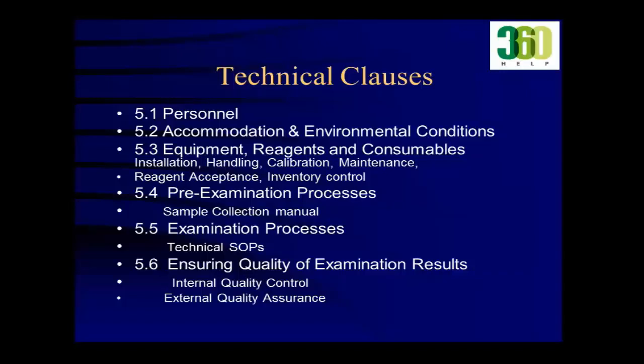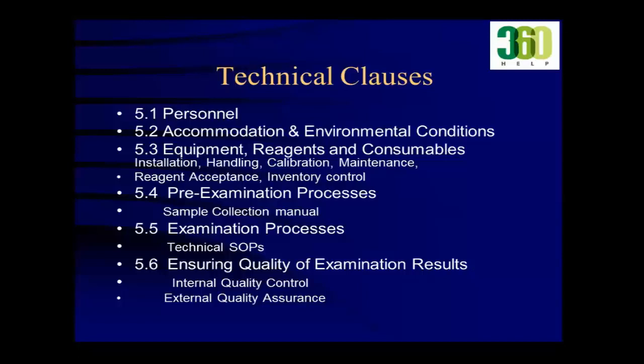The doctor who is reporting should have a particular qualification, right? So how they have to be appointed, how they have to be given a specific role, how their competence has to be checked time to time, how their competence has to be upgraded time to time, whether they are attending conferences or updates or not, everything will come under personnel, how to handle people in the laboratory.